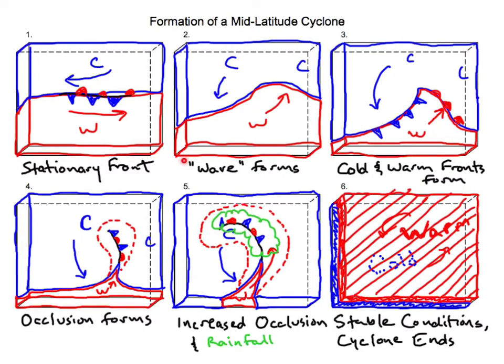So in stage two, we have what I just call a wave forming. All right, this front line is no longer straight, but you have this little bump up right here, or this wave. Why is that? That's because warm air is pushing up. Warm air and cold air are kind of rotating around each other.